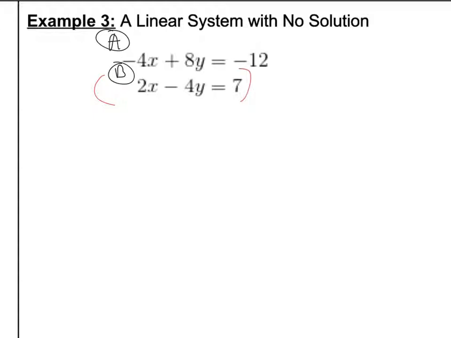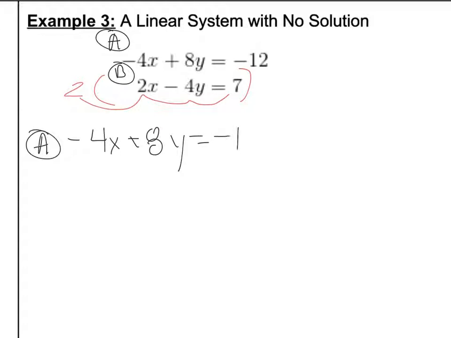I'm going to multiply this bottom equation by 2 just to keep it easier. And remember, you multiply all 3 by 2. So my A equation is going to stay the same. I'm going to go ahead and bring him down first. So it's negative 4x plus 8y equals a negative 12. And now my B equation is going to be 4x, and that's going to give me a negative 8y equals 14.